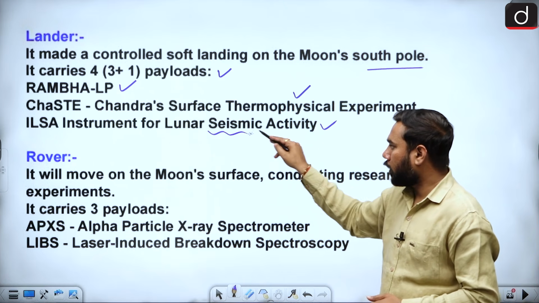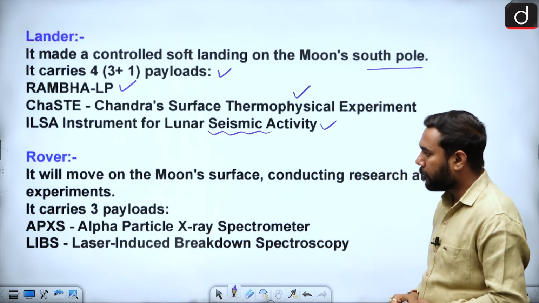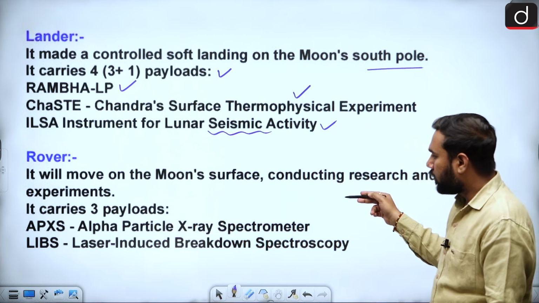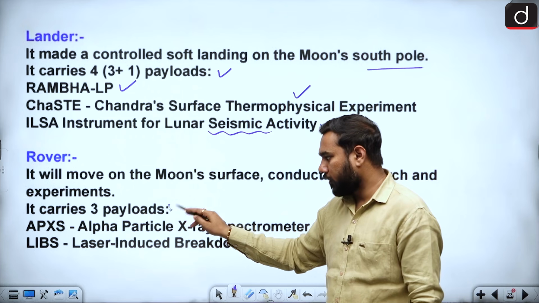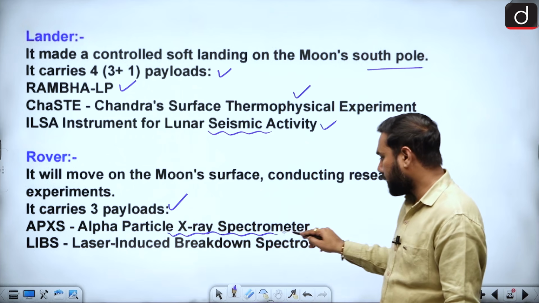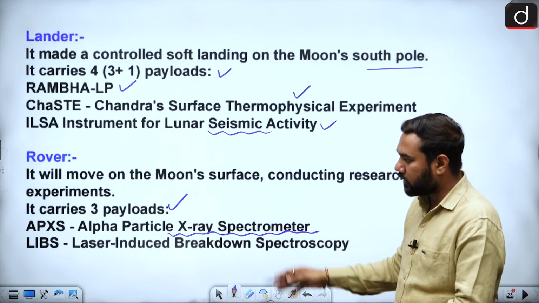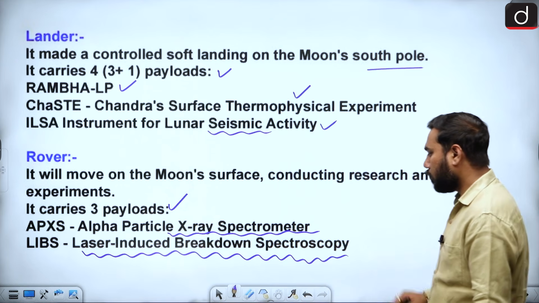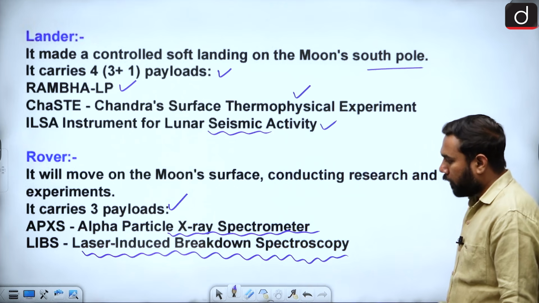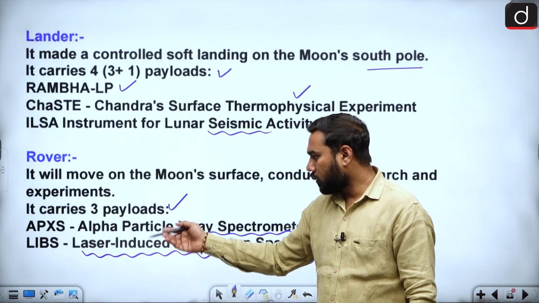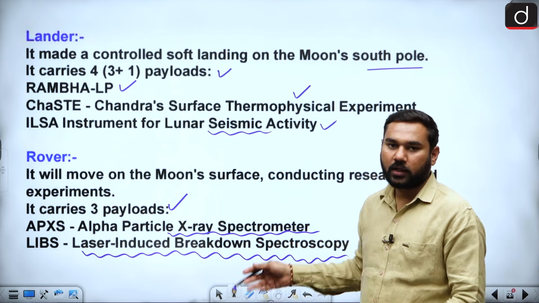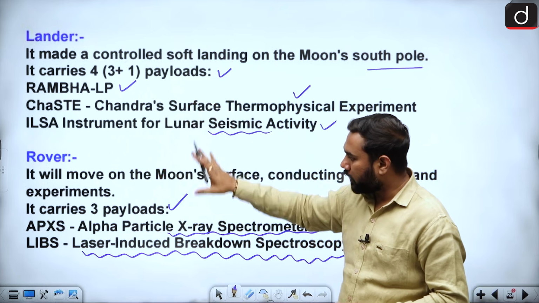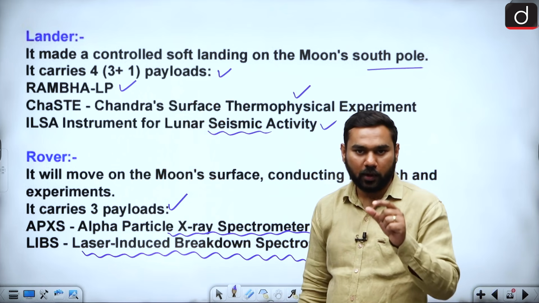Seismic activity is a more important one. And the rover helps in movement, and moves on the moon surface carrying 2 payloads: the Alpha Particle X-ray Spectrometer, APXS, and LIBS, Laser Induced Breakdown Spectroscopy, because we want to know about the laser, the alpha particle and the X-ray experiment, and these are observed by your rover. So lander and rover both have different kinds of payloads, and you just need to know the names.